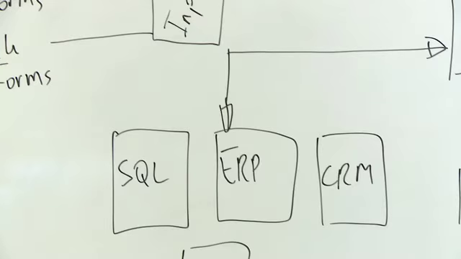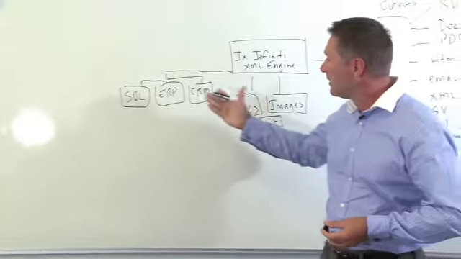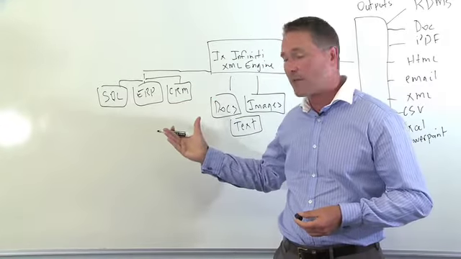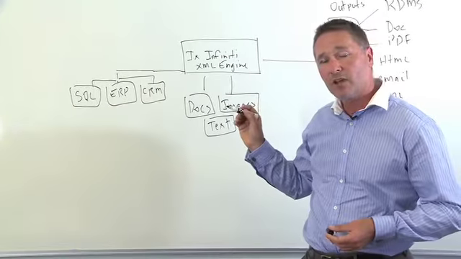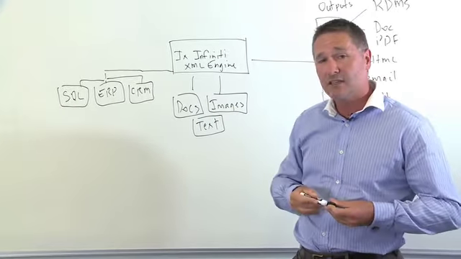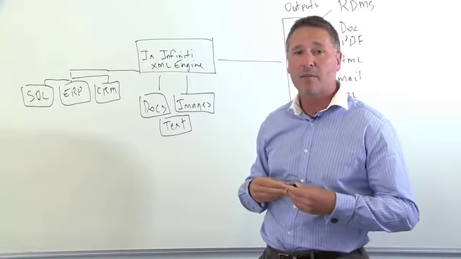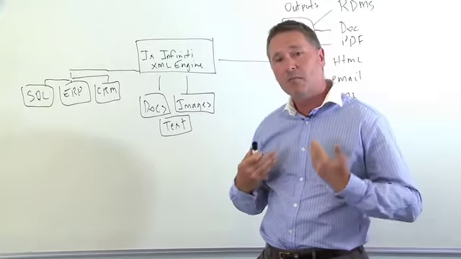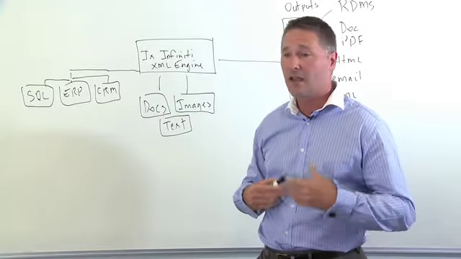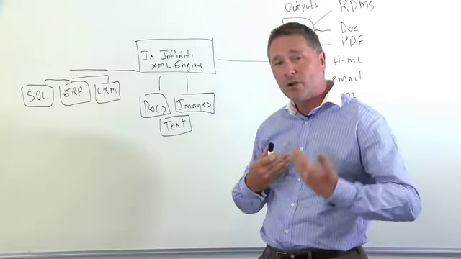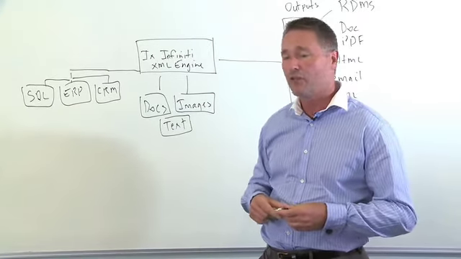So what we built with Intelledox was this ability to connect a variety of different applications, draw those together and push that data through. With Intelledox at the moment we have around 60 different connectors. These can be applications such as SharePoint, Microsoft CRM, SAP, Salesforce, pretty much any kind of application you can possibly dream of.